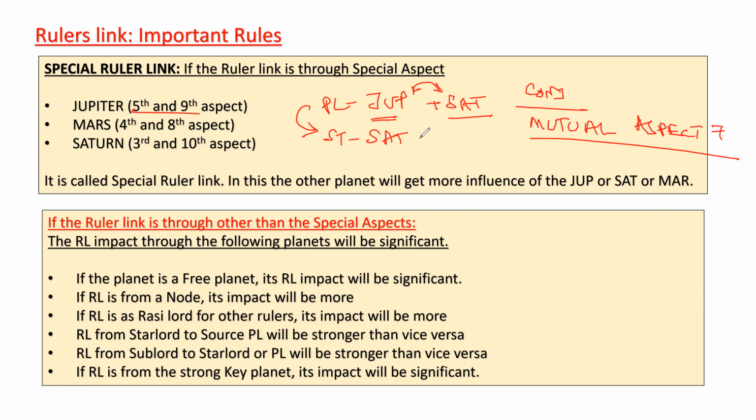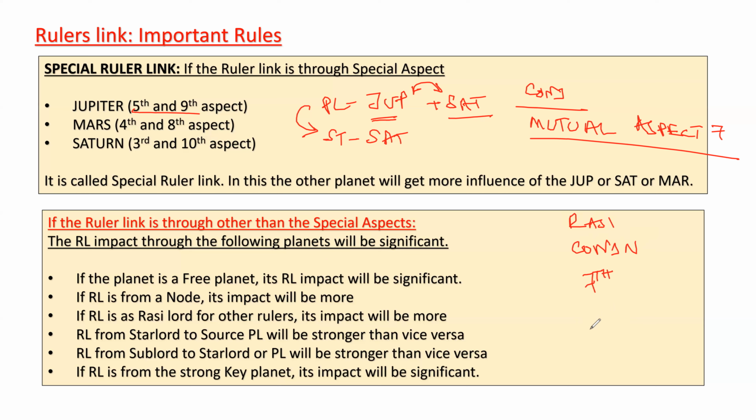Suppose, other than the special ruler link, the ruler link is through the other planets by way of Rasi Lord, or as I said, conjunction, or mutual seventh aspect, or any other indirect connections through nodes.